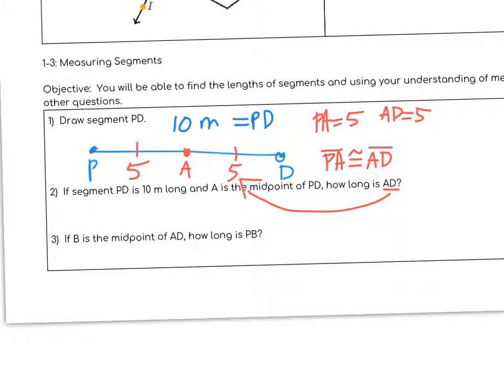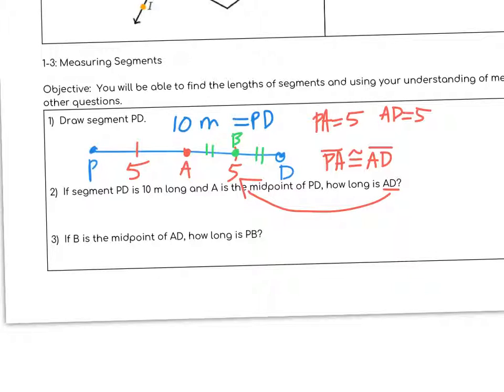All right, and then the third part, we've got B as the midpoint of AD. So I'm going to put another tick mark there. If this is the midpoint of AD, what this means is that these two pieces are equal. The first tick marks we made had a single bar, and here we're going to use double bars to show that we're talking about something different.